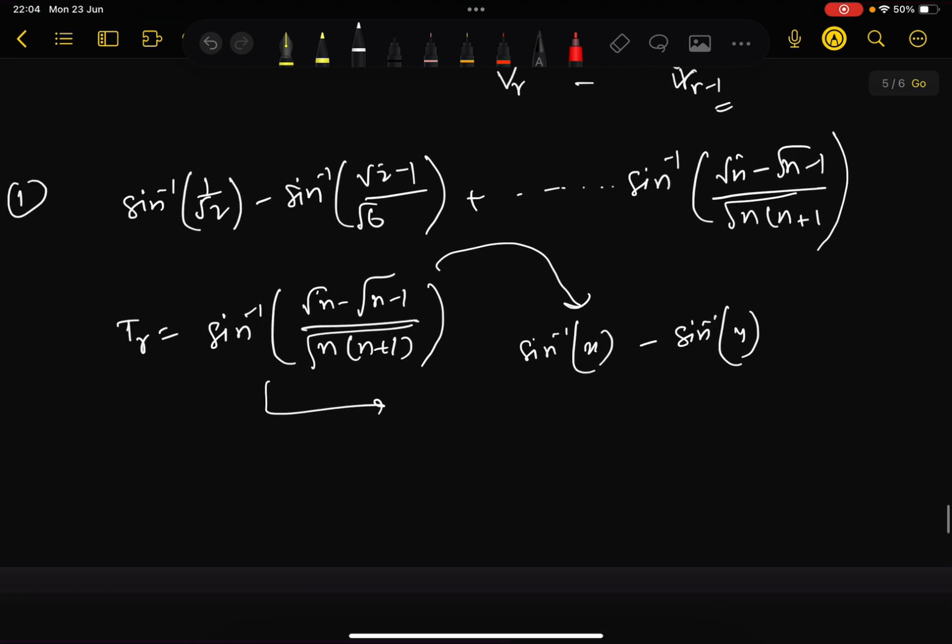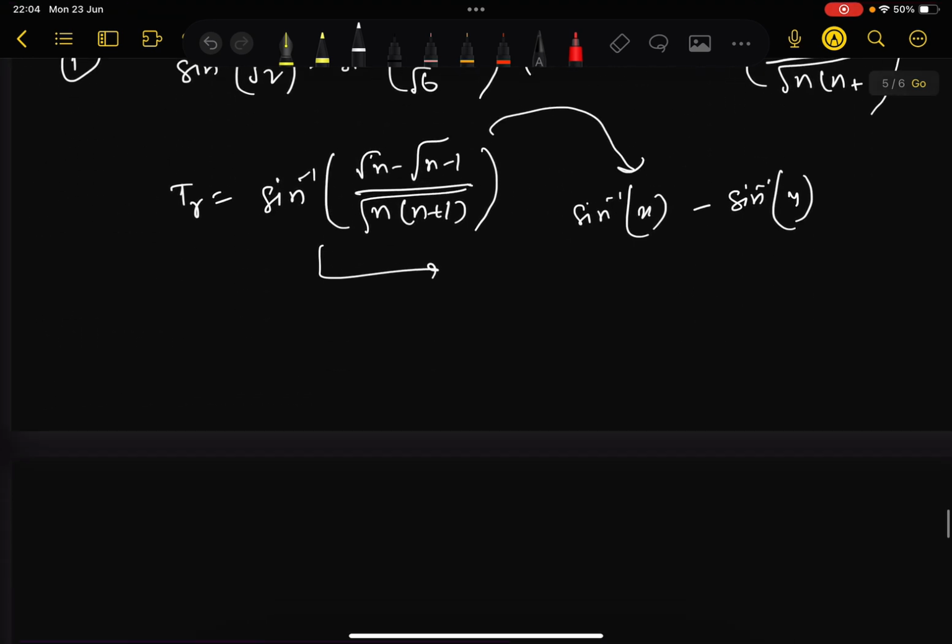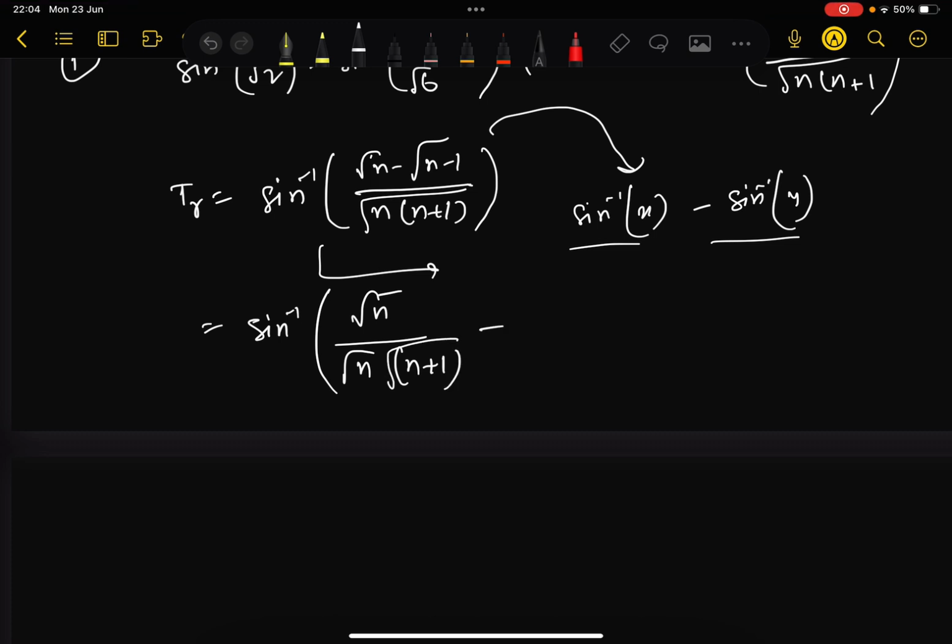So if we want to convert this into sine inverse x minus sine inverse y, let's manipulate the question. We write it like this: root n divided by root of n into n plus 1, like root of n plus 1 minus n minus 1 divided by root of n into n plus 1, right?